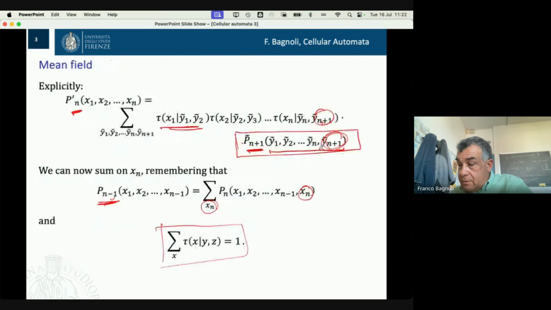If I sum over the last term of this one, that appears only here, you see that using this condition, this means that this last tau goes away. Now, the last term of this other side, which is this one, only appears here. So I can sum over this, getting the reduced distribution.